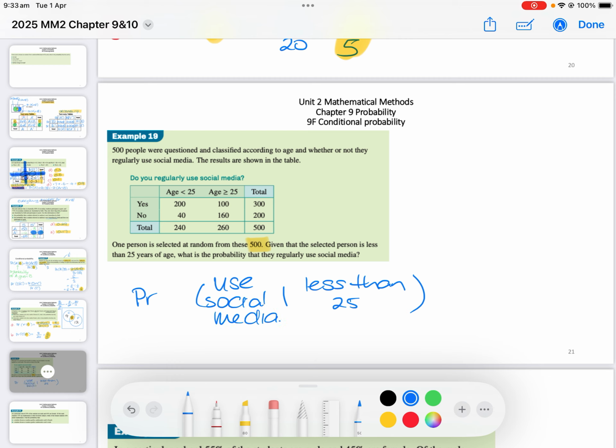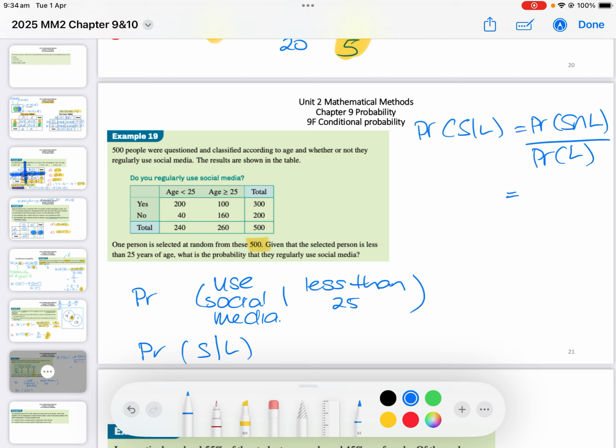So I'm going to call that social media and less. So that's intersection over the probability that they're less than 25. So if we're looking for social media and less than 25, that's 200.